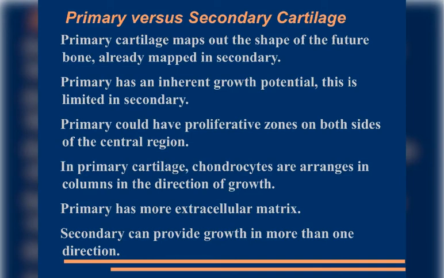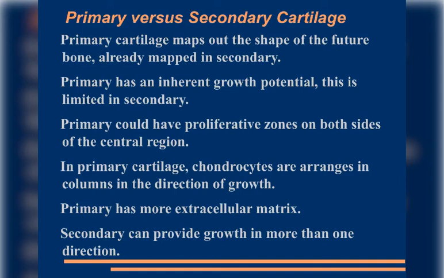That's why the proliferation is in two directions on both sides, while in the condyle, which is an example of secondary cartilage, we have the proliferation in one direction.